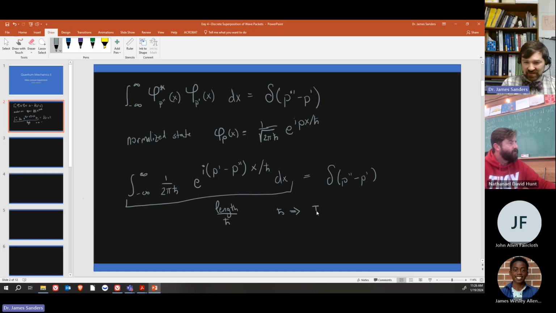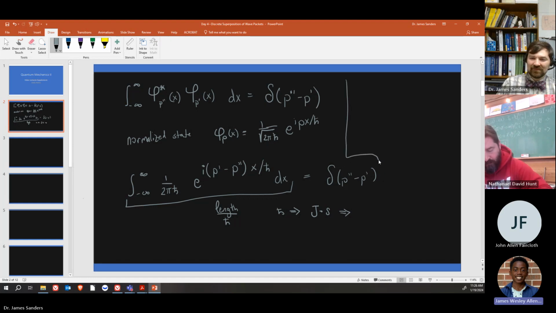The units that go with h bar are joule seconds. So what is that units of? Anybody? What kind of dimension is this, what kind of quantity?